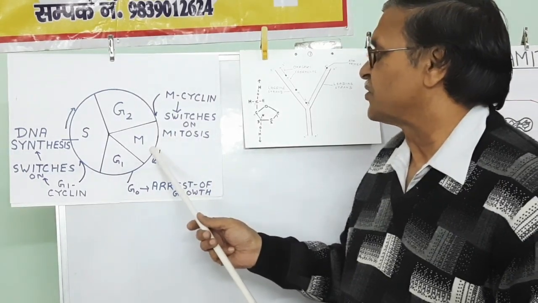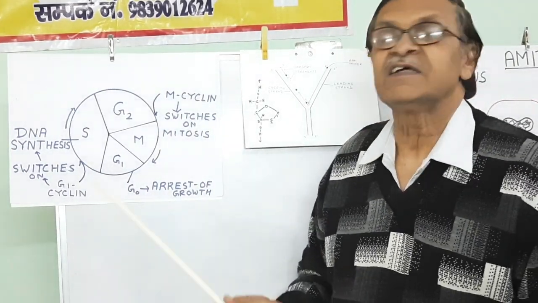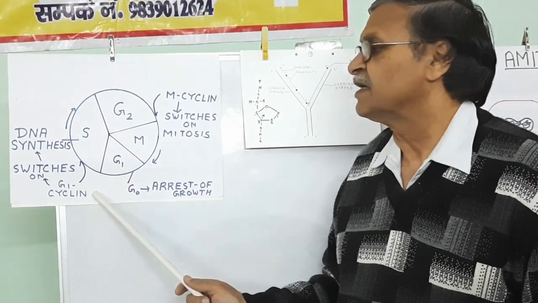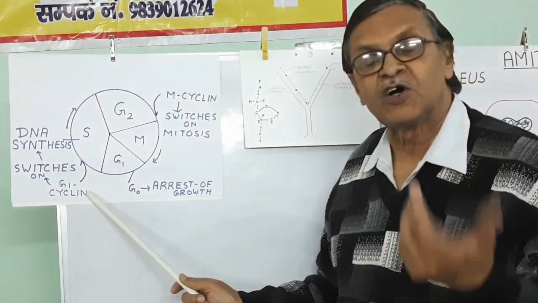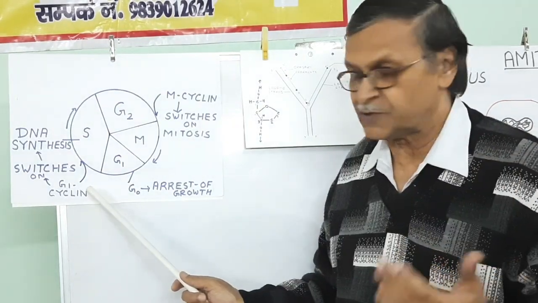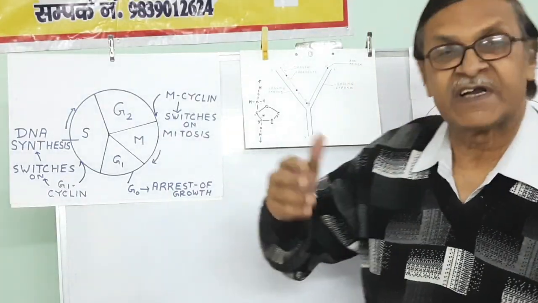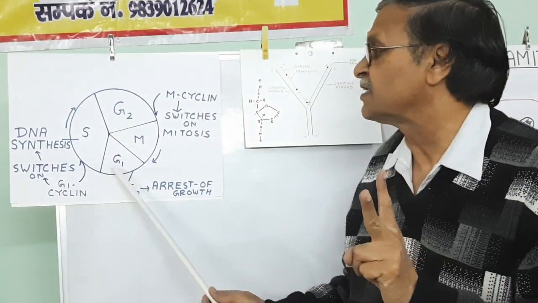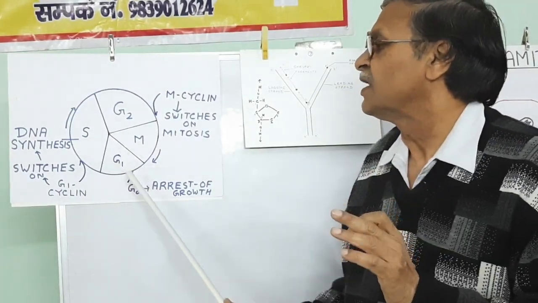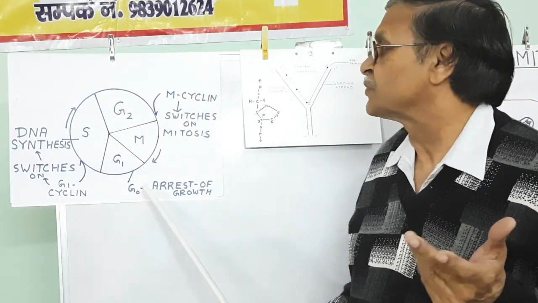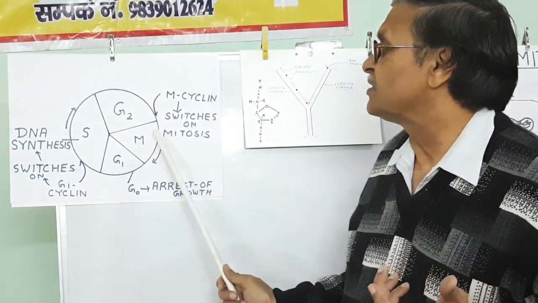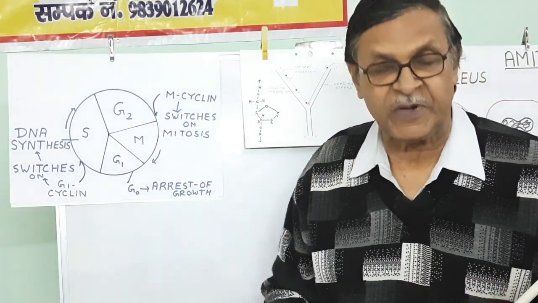Similarly, the synthesis of DNA is also switched on by a G1 cyclin along with a CDC2 kinase. So there are two stages: interphase, which includes three stages, G1, S and G2, and sometimes G0 also, and the M or mitosis, where cell division takes place.